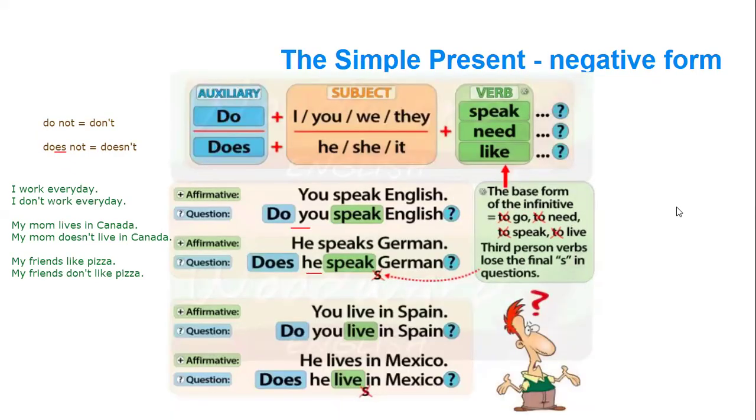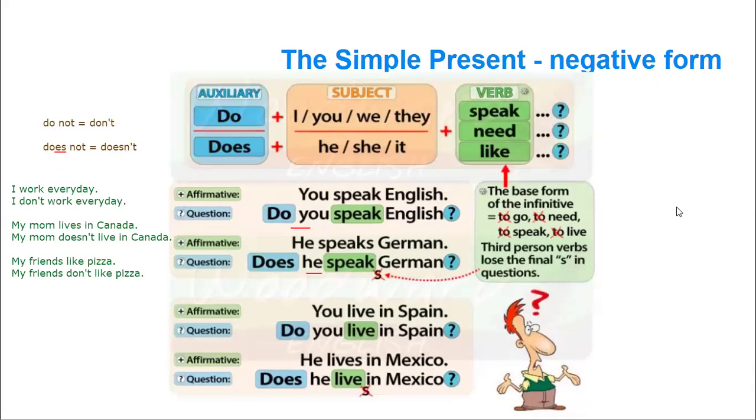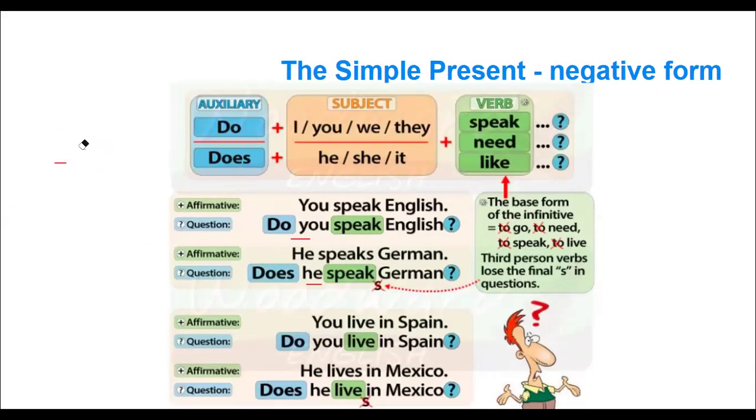So for the questions, all right, what we're going to do is we are going to continue using the auxiliaries, right? And we're going to put them at the beginning, do or does. Then we're going to use the subject. And finally, the verb.